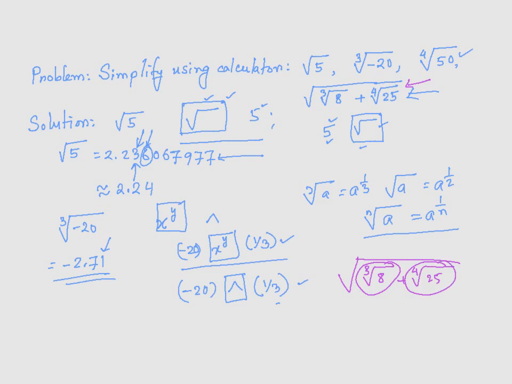Whatever result you get, you take the square root of it. Once again, find the cube root of 8 first, then the fourth root of 25. Then add these two numbers, you will get a new positive number a, and then take the square root of that number.